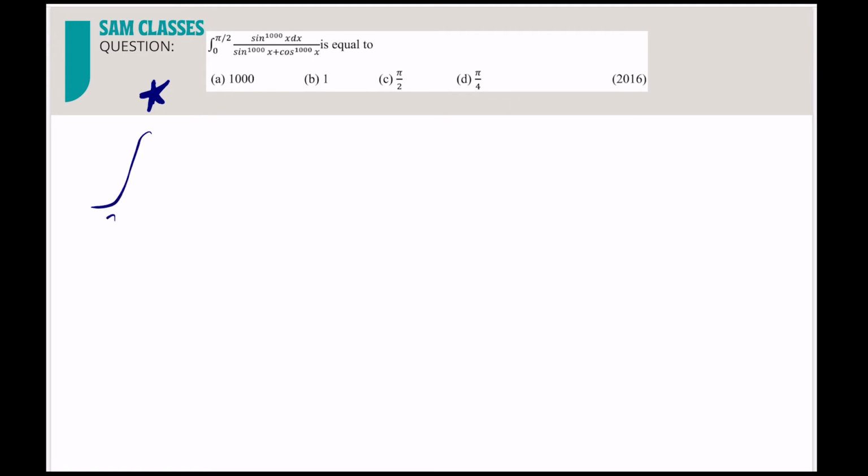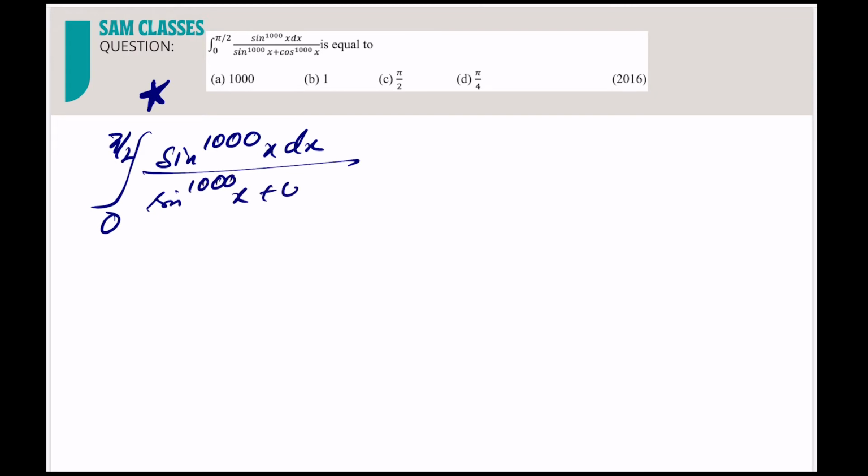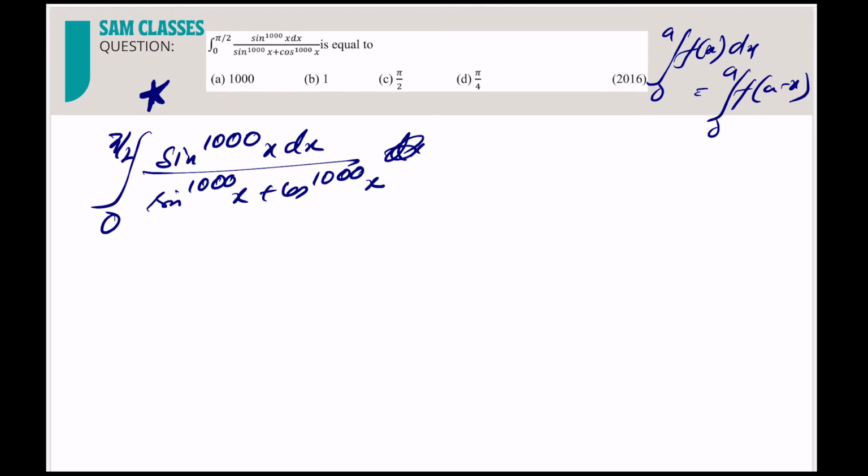So whenever you have 0 to pi by 2, sine of 1000x dx divided by sine of 1000x plus cos of 1000x. Now understand this, what they're trying to do is, the moment we use this property, 0 to a f(x) dx is equal to 0 to a f of a minus x. So if I do sine of pi by 2 minus theta, it will be cos.